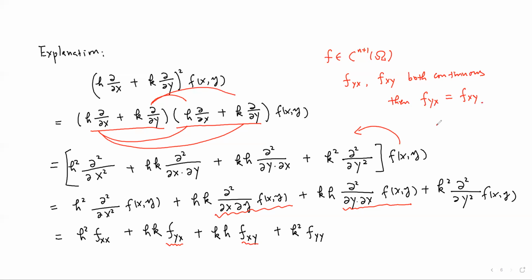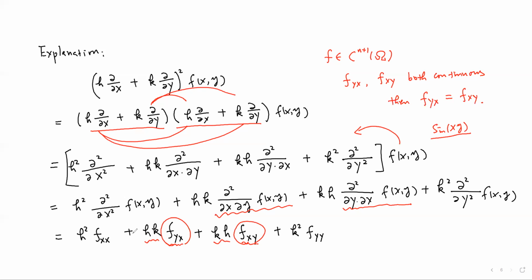For example, take the derivative with respect to x first, then y. The result is the same as the derivative with respect to y first, then x. So h times k and k times h are equal.